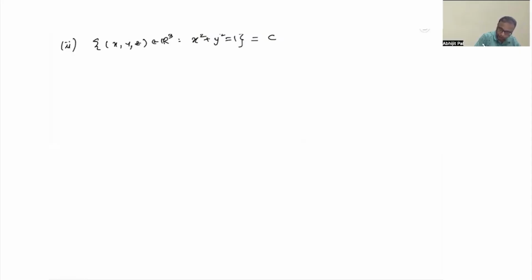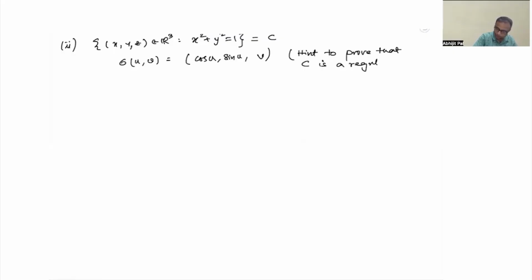So if I take this map sigma of (u, v) to be equal to (cos u, sin u, v), okay, this will give you a surface patch. Okay, so this is the hint to prove that the cylinder C is a regular surface. Okay.